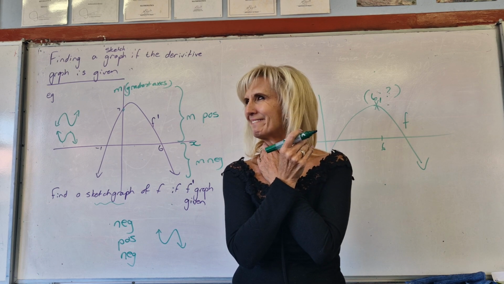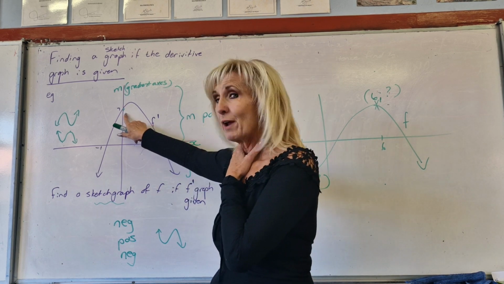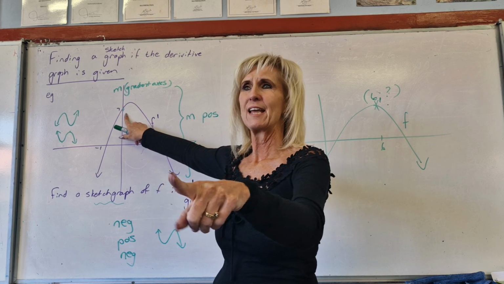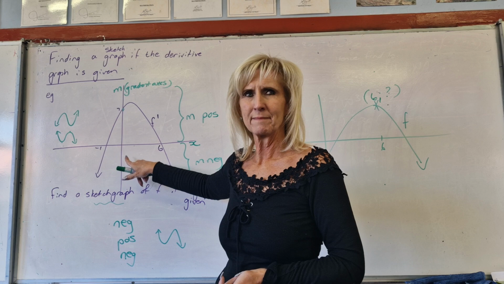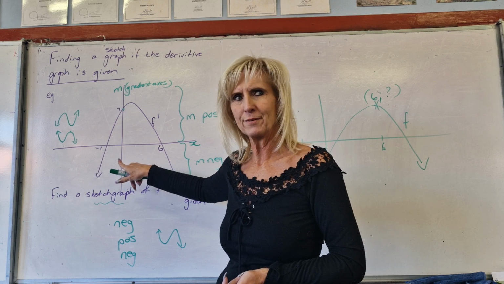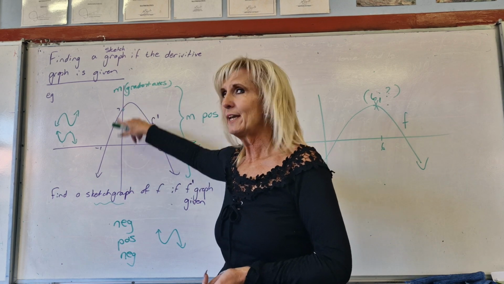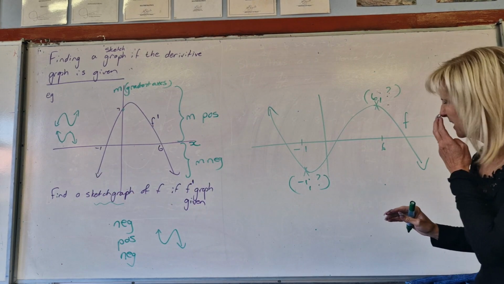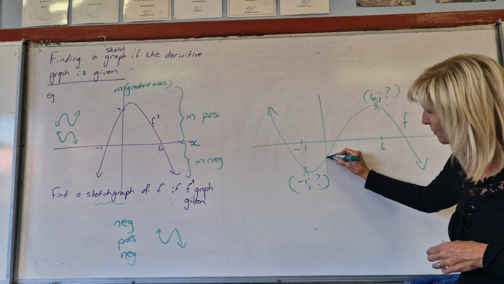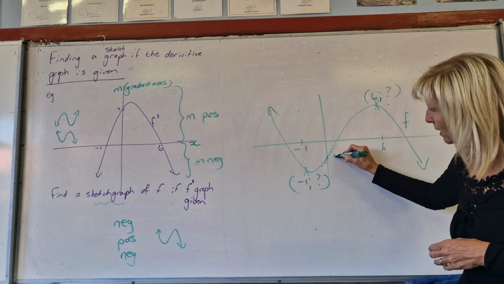Y-intercept? No, the gradient is 7. Where? X is 0. The gradient is 7, where x is 0. Apply it here. So where x is 0, that gradient will be 7.